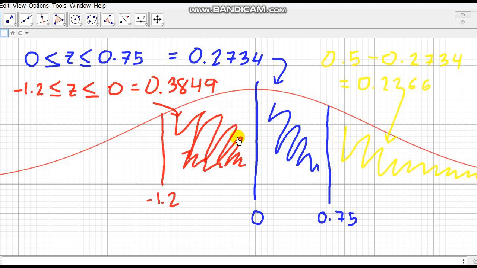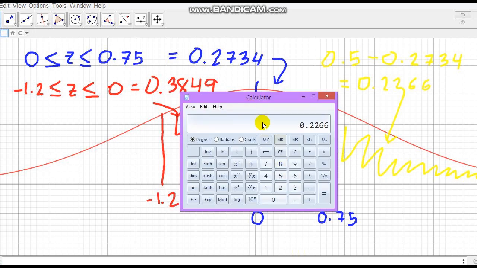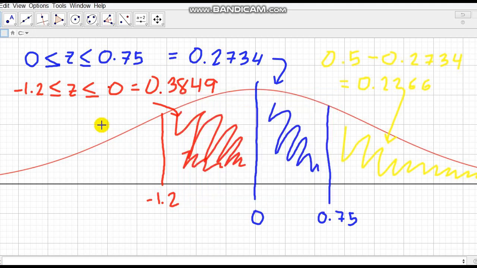In this scenario, we have to apply addition. That's 0.2734 plus 0.3849. The area would be 0.6583.